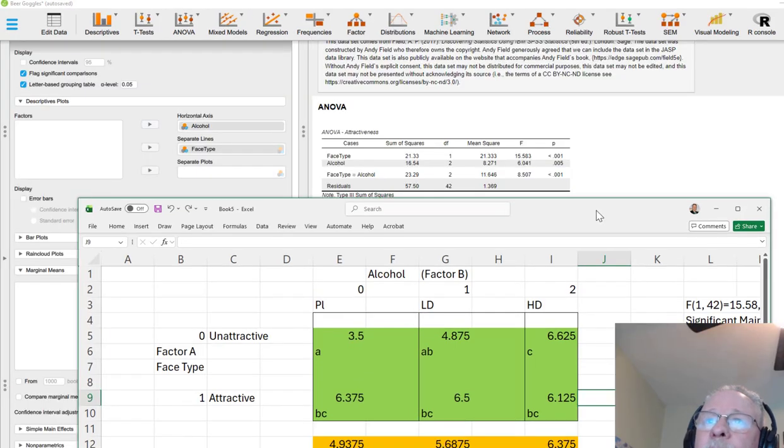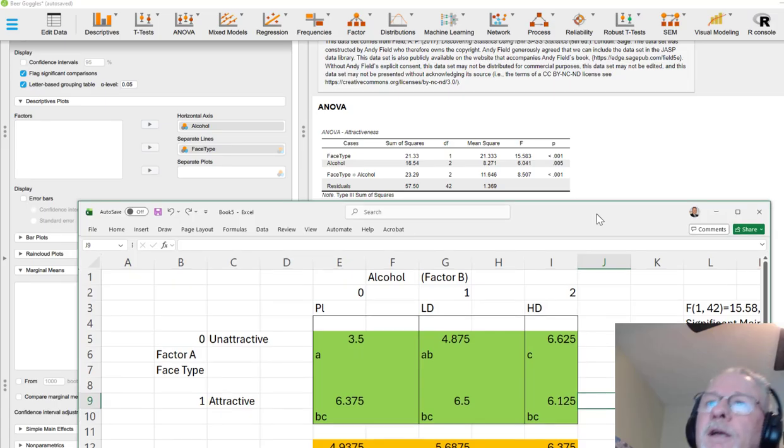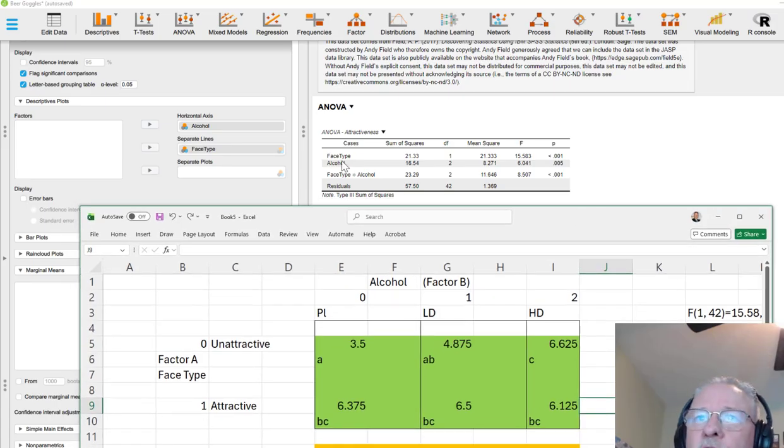Okay, I'd like to recap by making one additional point. So you do your two-factor analysis of variance. You have two significant main effects, and you also have a significant interaction. The interaction takes precedence over the main effects in terms of interpretational value.